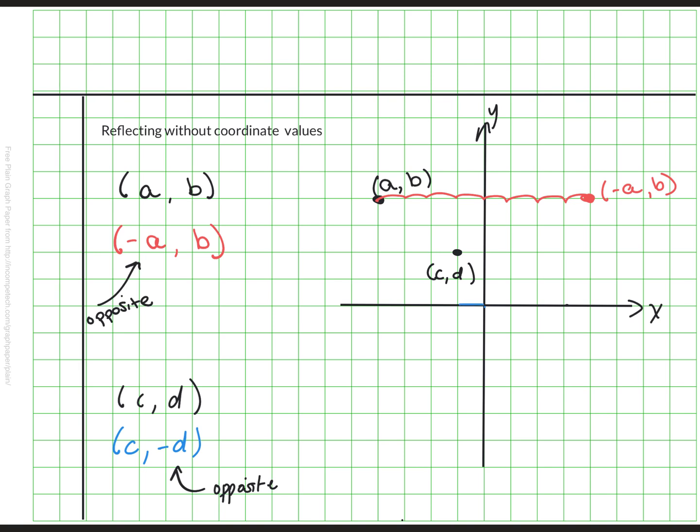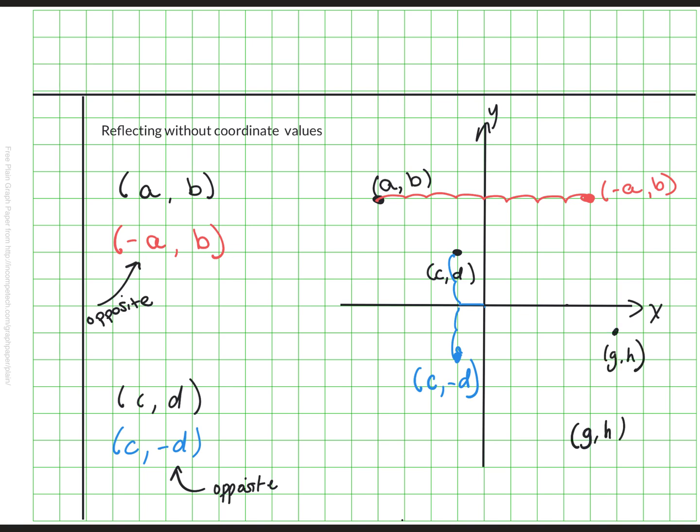But my D is opposite. So instead of going up 2, I'm going to go down 2, or however the distance is. We're imagining we don't have numbers here. So this would be where I would have C and the opposite of D. I know that's sort of abstract, but I just want to point out that we are looking at opposites when we are reflecting across either the x or y axis.